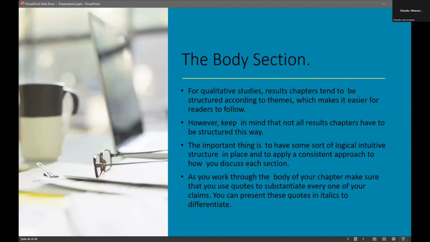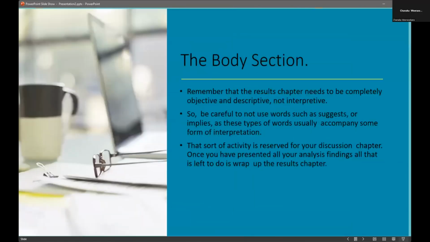Create the flow, and let the reader go through the flow so that he is compelled to read more and more, just like writing a novel. So that's basically the body section.